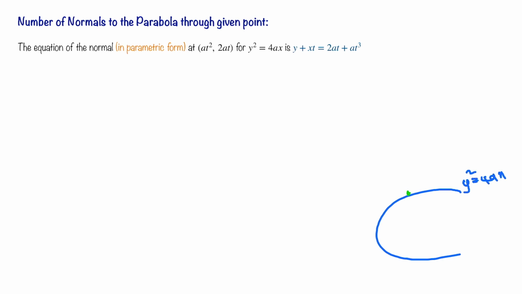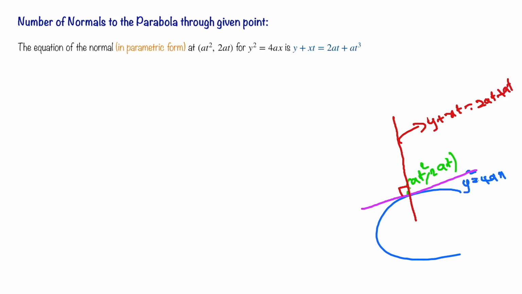If you take a point (at², 2at) on the parabola, then the tangent at this point looks something like this, and the normal at this point will be like this, whose equation is going to be y + xt = 2at + at³.